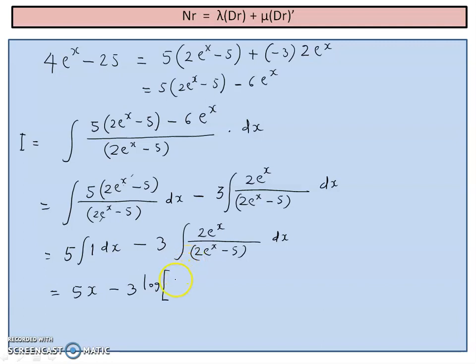So log of the denominator 2e^x − 5, and as you know we take only the modulus value of log, means positive value, because log of a negative is not existing, plus of course the constant of integration. समझ गए? एक बार पॉज करो, फिर से एक बार देखो.